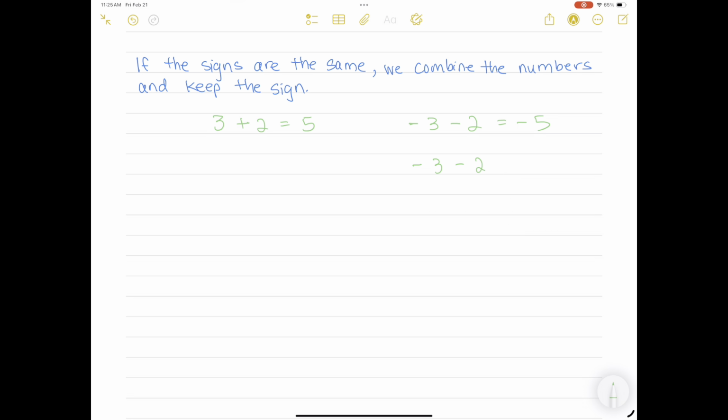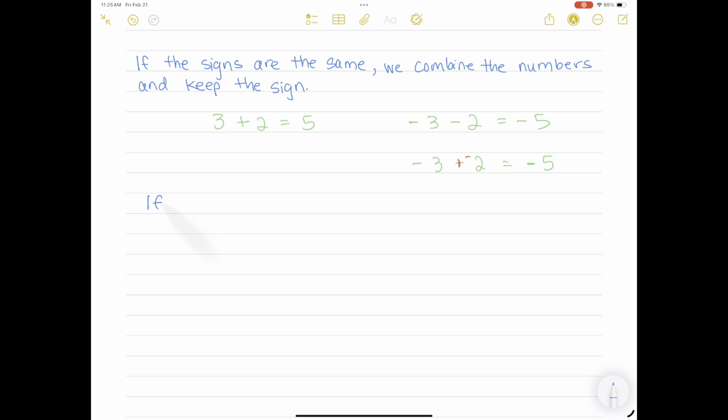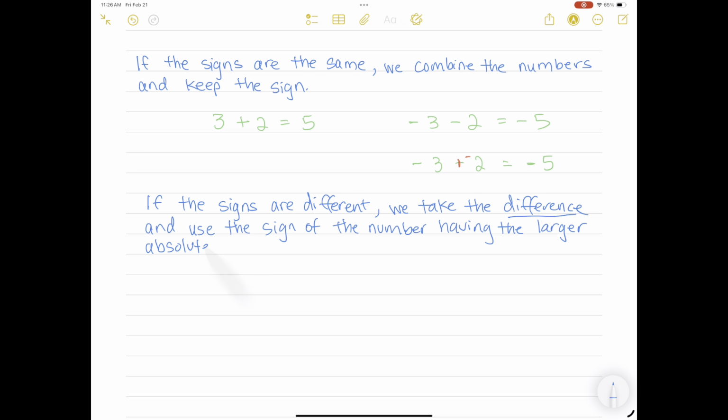So negative 3 minus 2, we add its opposite, so the signs are the same. We add the numbers, 3 and 2 equals 5, and we keep the sign. If the signs are different, we take the difference and use the sign of the number with the larger absolute value.